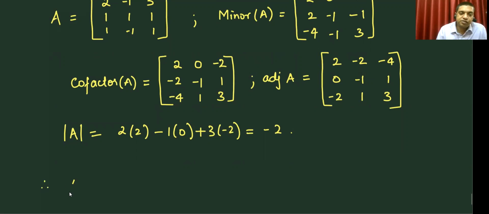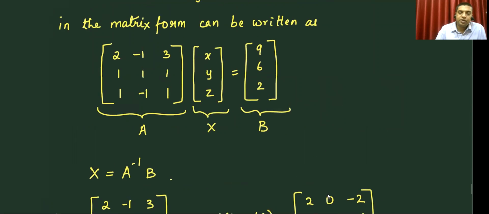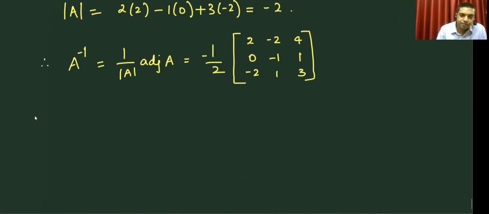So A inverse is adjoint A by determinant of A. So minus 1 by 2, because 1 by minus 2 it is, times the adjoint. Now B is 9 6 2.